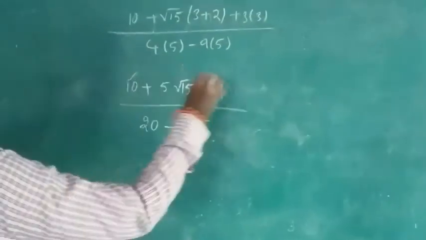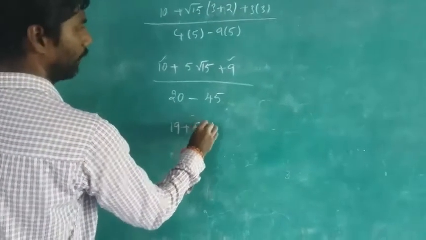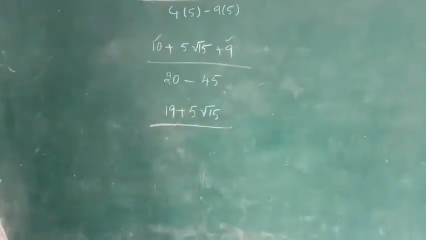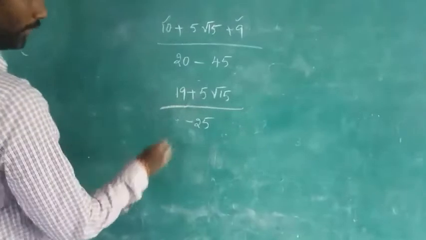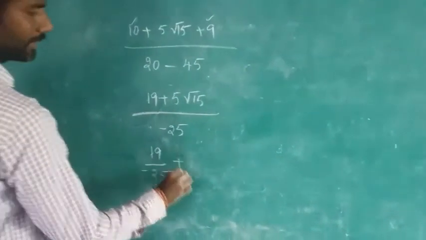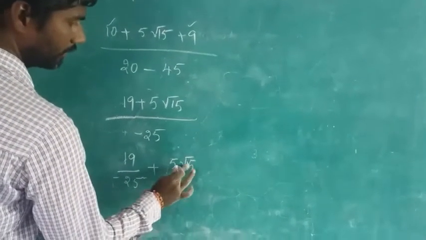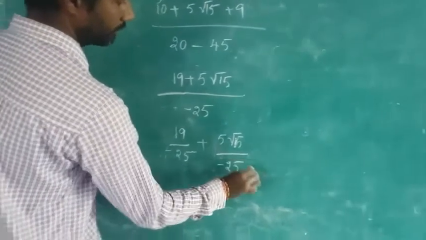So these two are rational numbers, you can add them. 19 plus 5 root 15 by 20 minus 45 minus 25. Let me write individually now. 19 by minus 25 plus 5 root 15 by minus 25.